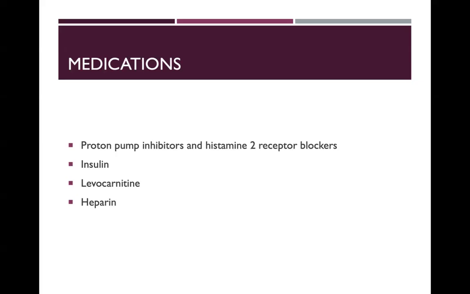The reason these are commonly included in parenteral nutrition is because this patient is not eating or drinking or getting any enteral feed or nutrition by non-parenteral sources. They are critically ill. They could be septic. They could be on vasopressors. All these things could increase the risk of having a peptic ulcer.